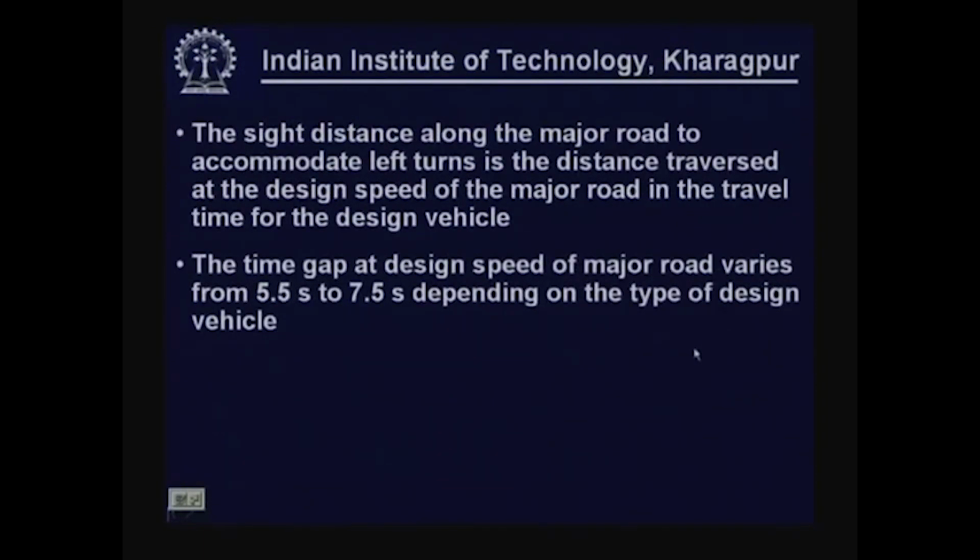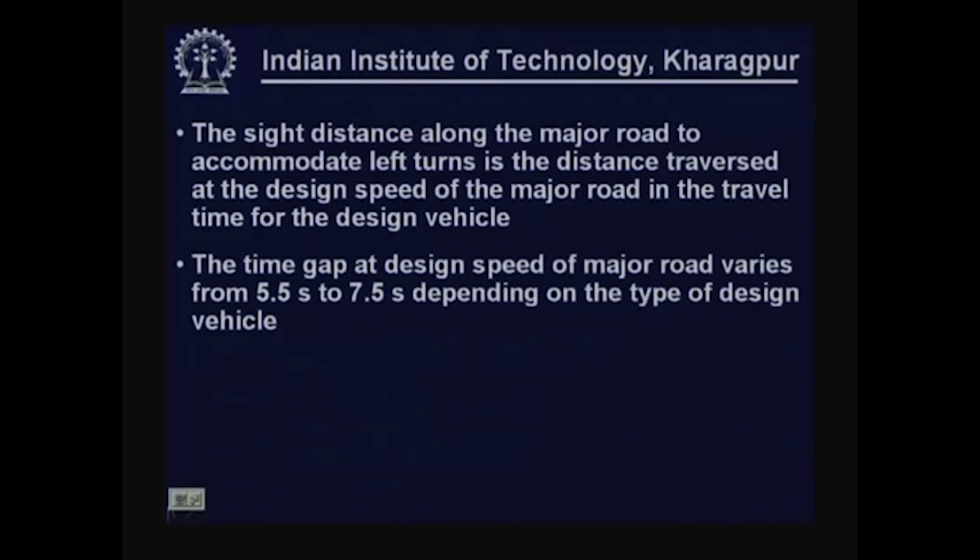The side distance along the major road to accommodate left turns is the distance traversed at the design speed of the major road in the travel time for design vehicle.